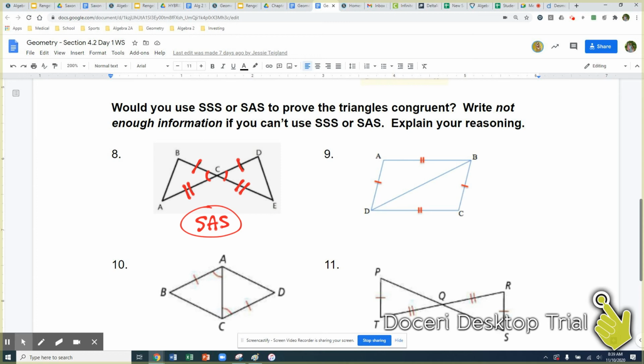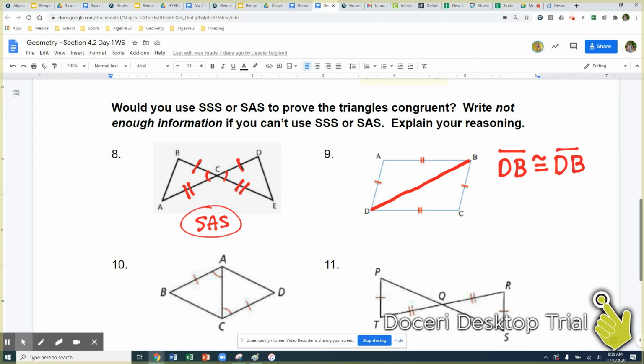On to B. Looks like we've got a side of 2, side of 2, side of 1, side of 1. Now, in order to prove SSS, we would need to know DB in here is congruent to DB. Now, there's another thing we can prove without using any markings.